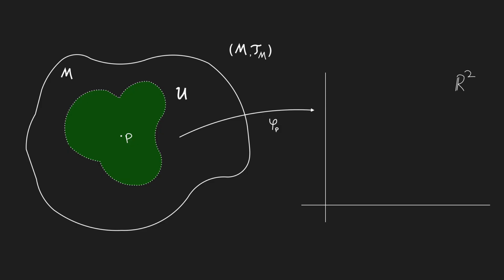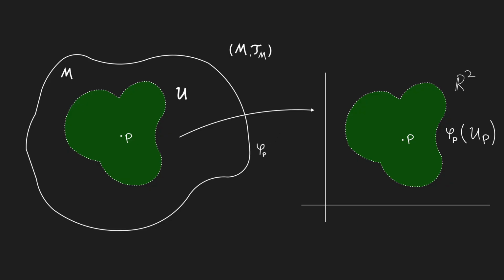This mapping takes an element of U and maps it to an element of a subset of R2, to Euclidean space. So when you look at the manifold locally around a point, it looks Euclidean. You can map it to some Rn, where n is the dimension of the manifold. So there's a mapping that's part of the manifold.